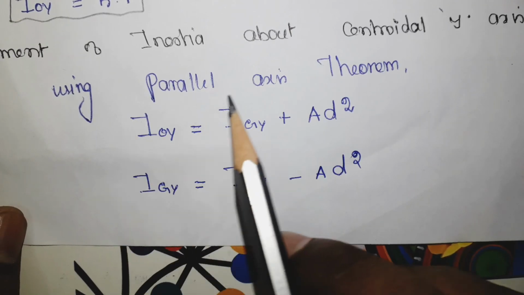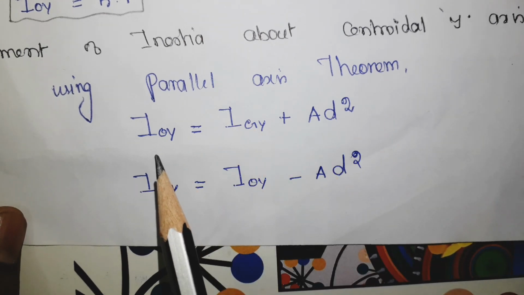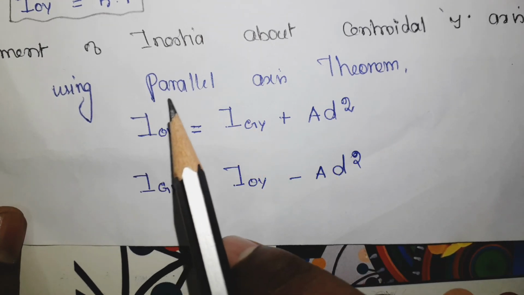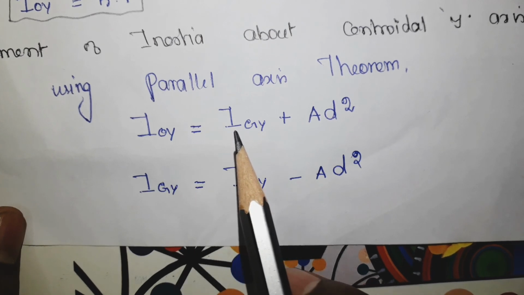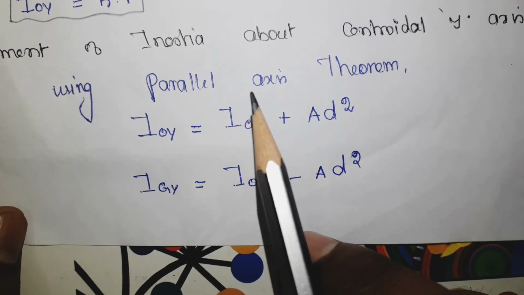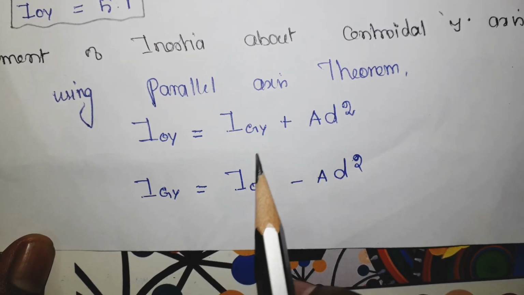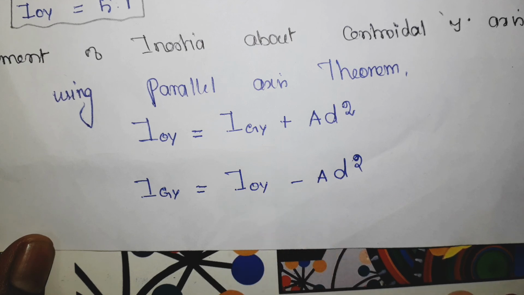Now the next one is moment of inertia about the centroidal y axis. Further I am going for parallel axis theorem, and IOY, which is nothing but moment of inertia about base y axis, equals IGY, the moment of inertia about centroidal y axis, plus A into d square. I want to know this only, so I am going to take that in the left hand side. So this equation now will become like this.